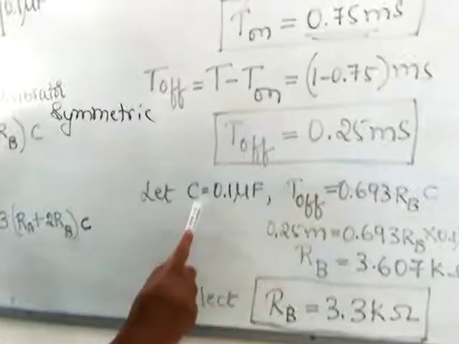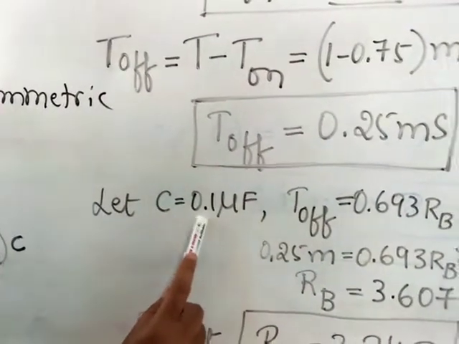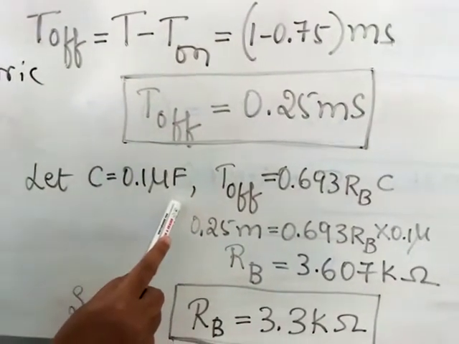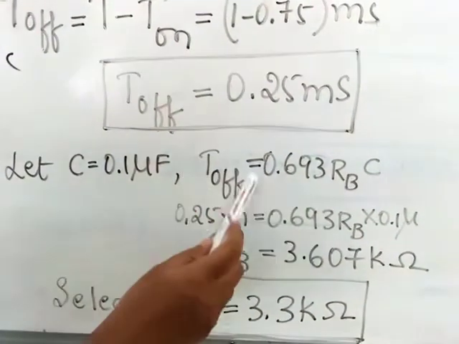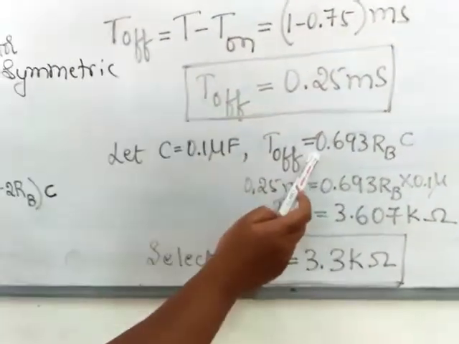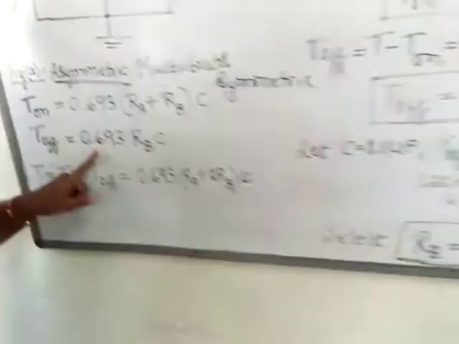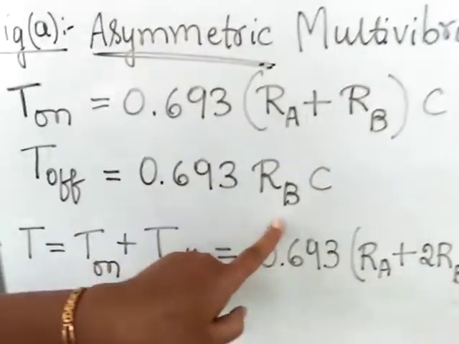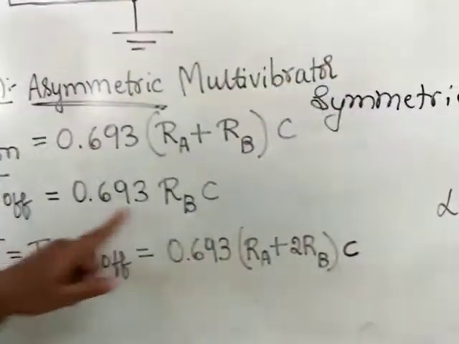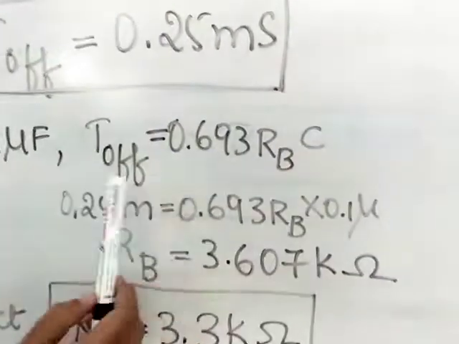Okay. Now assume the value of capacitance C equals 0.1 microfarad. We know the formula of T off: T off is equal to 0.693 RB into C. So using this formula, substitute the values.